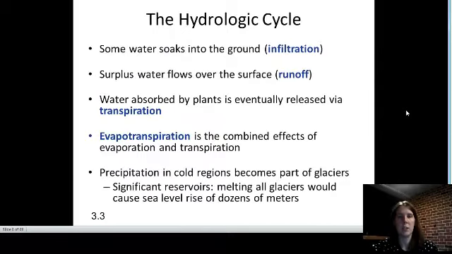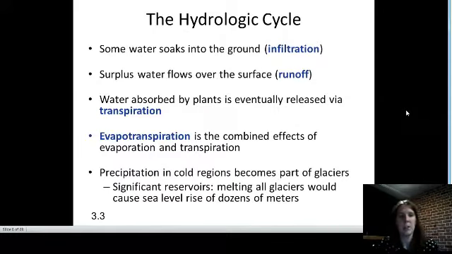So some water soaks into the ground. That's infiltration. When a soil reaches its saturation point, so it cannot take any more water in, the surplus water, the additional water, then flows over the surface in runoff. Water absorbed by plants is eventually released by transpiration, like we talked about.